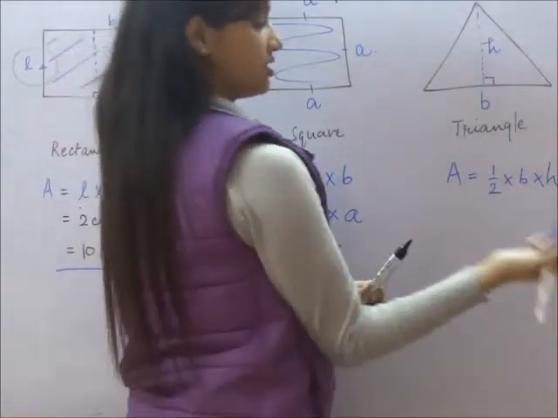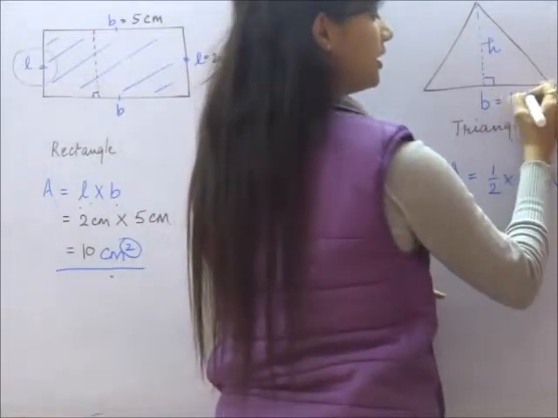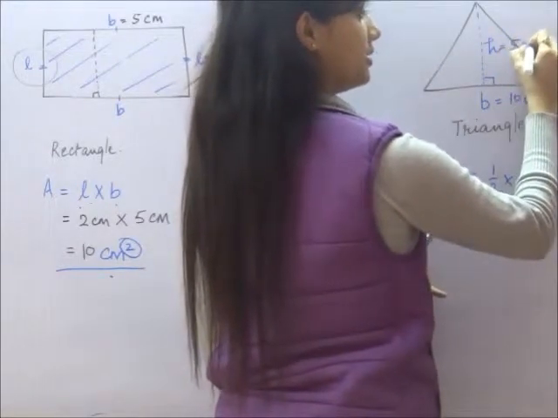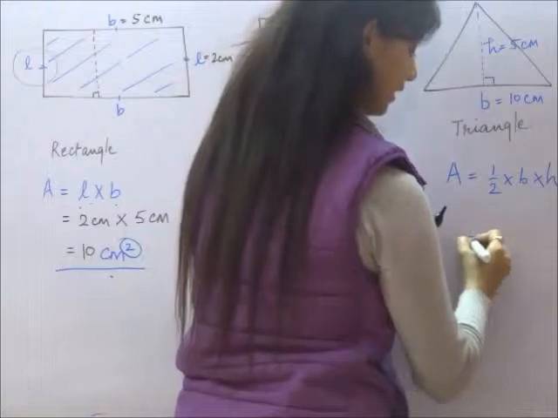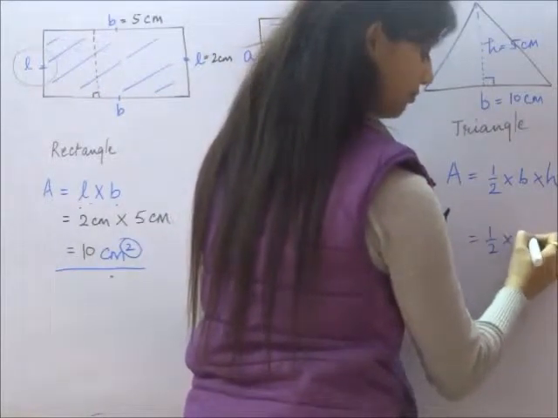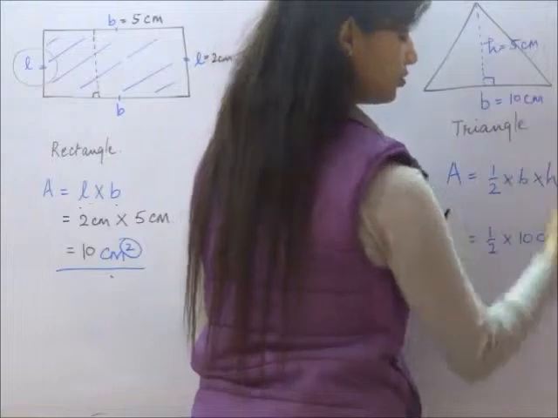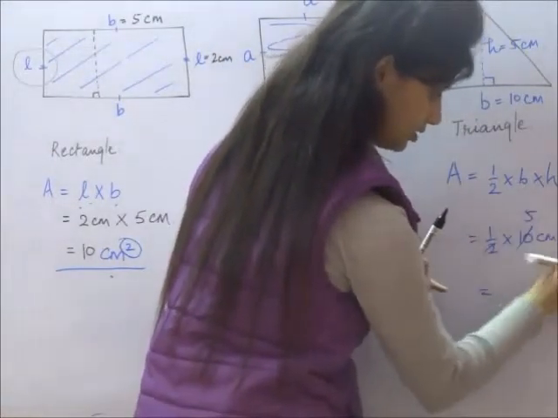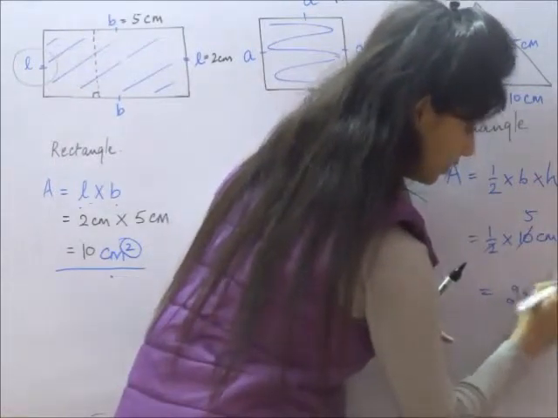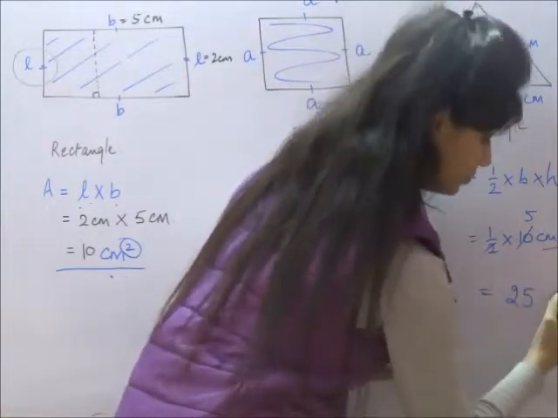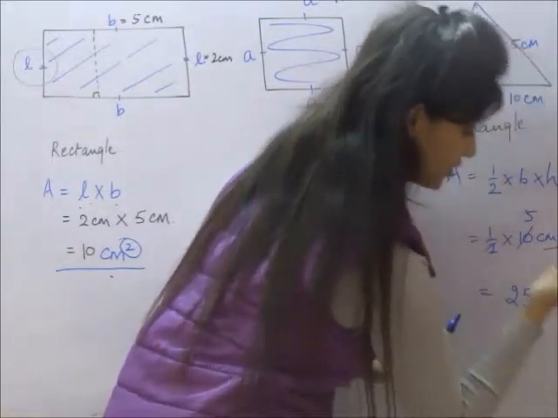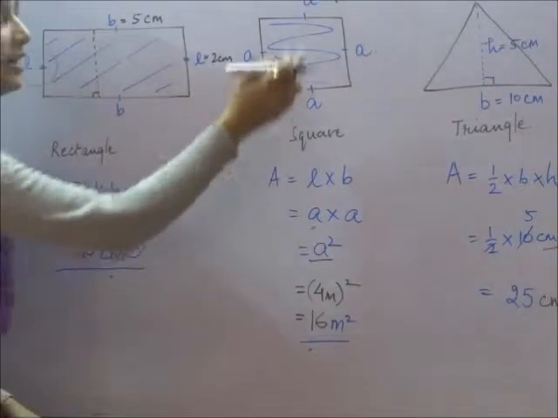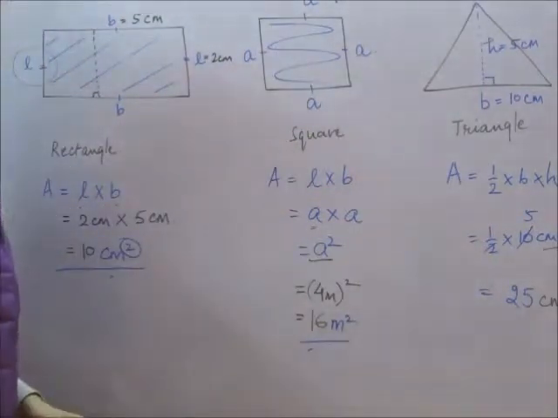For the same, say for example, if base was 10 centimeter and height was 5 centimeters, we can say half base into height, which will be, you can cut it like this, 5 cross 5 becomes 25 and centimeter cross centimeter becomes centimeter square. The unit is always in squares for the area calculation.